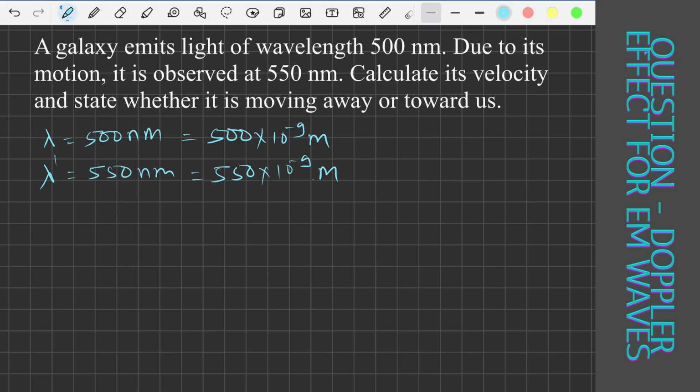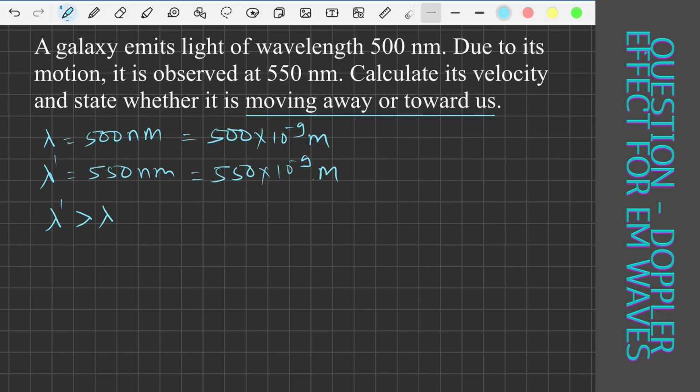So last part of the question we can answer immediately. We can see here the observed wavelength lambda dash is greater than the original wavelength lambda. And when it happens, according to Hubble's law, which you already know, if the wavelength increases, it means the object is moving away from us, and if the wavelength decreases, it means the object is moving towards us.